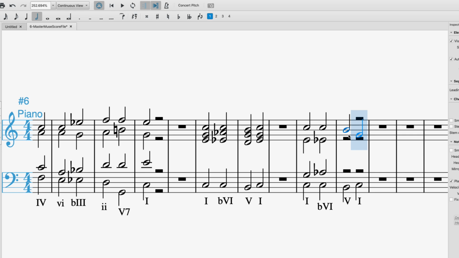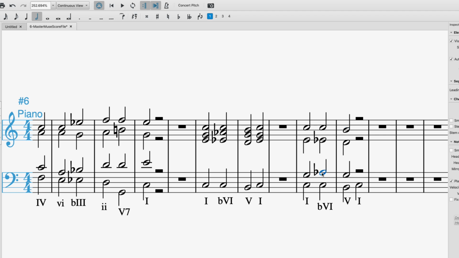G, B, D. Let's go D. Okay, I don't want to go B here. So let's go G. What do I have now? That augmented interval is now here. That's okay because no single voice has it.